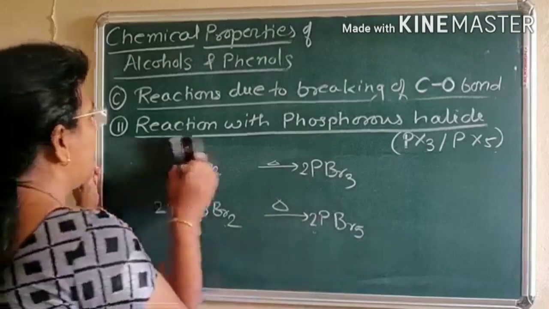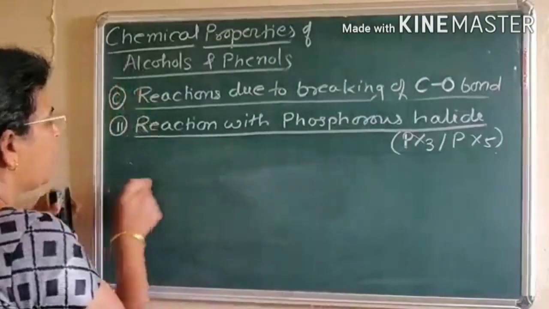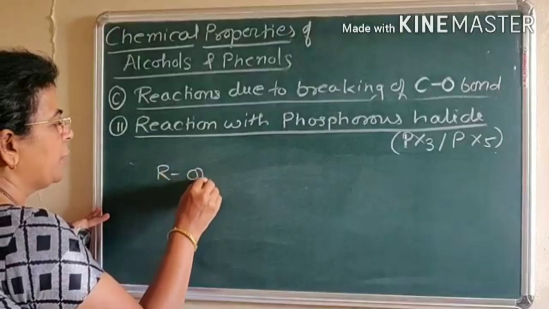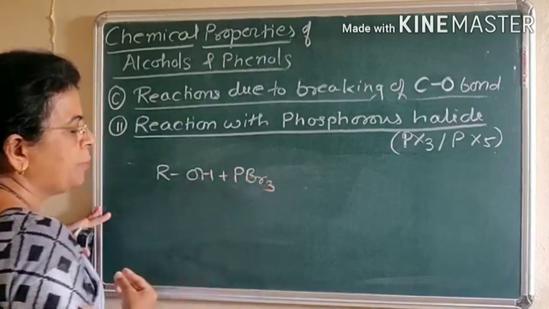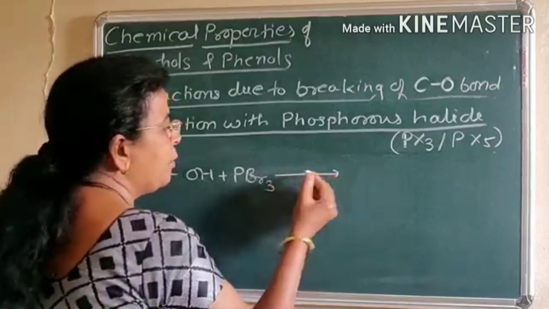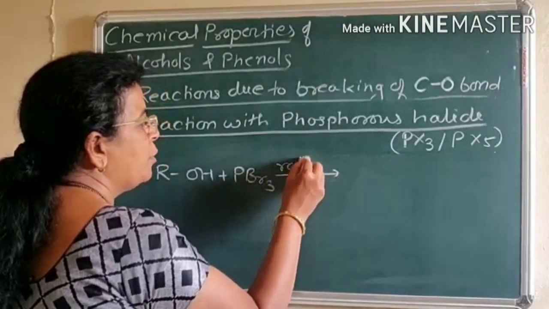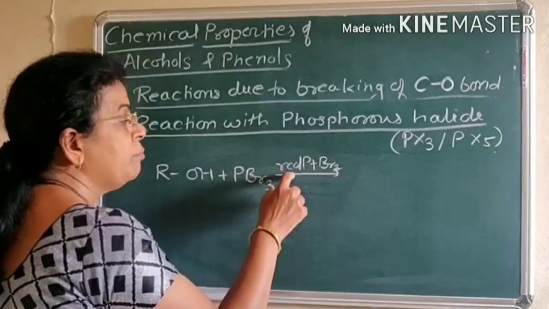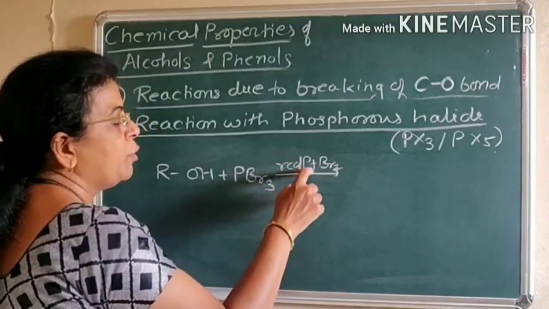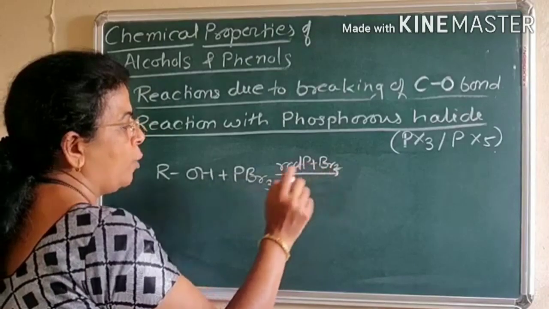Now how does the reaction take place? Look here. When alcohol is treated with PBr3, that is phosphorus tribromide. Now how is it obtained? By the reaction between red phosphorus and Br2 molecule. Therefore we must write here red phosphorus and Br2 at the arrow.